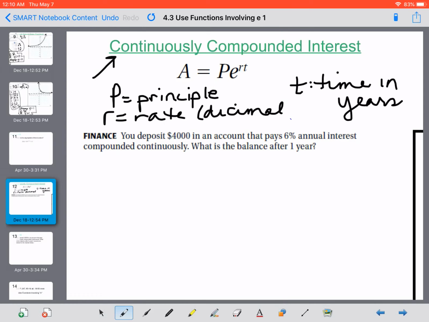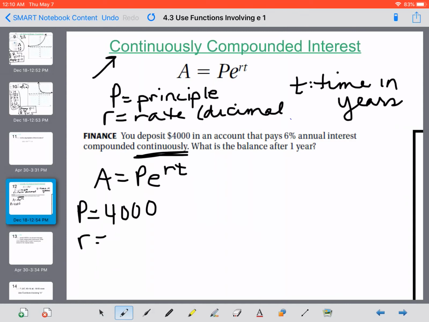So let's use this example here. You deposit $4,000 in an account that pays 6% annual interest, compounded continuously. There's your keyword. That means I know I need to use the formula A equals P times E raised to the RT power. What is the balance after 1 year? So I need to know what my P is. P is my principal, and that is $4,000.